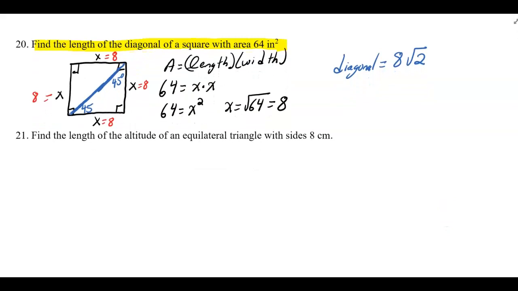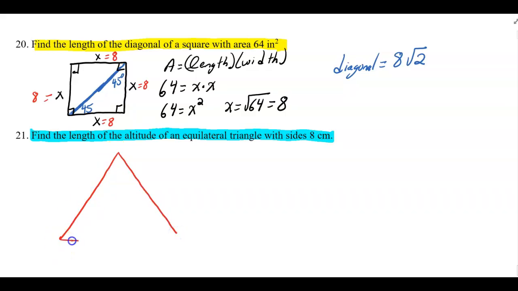Let's take a look at problem number 21. Find the length of the altitude of an equilateral triangle with sides 8. So I'm going to draw an equilateral triangle. I know all the sides are 8. From our class discussion, we know the angles are 60 degrees.